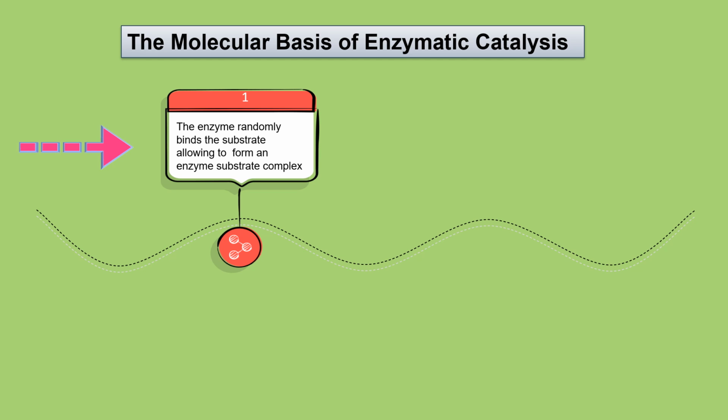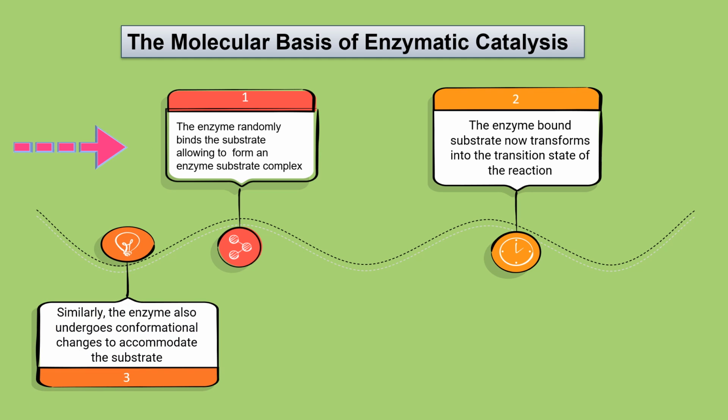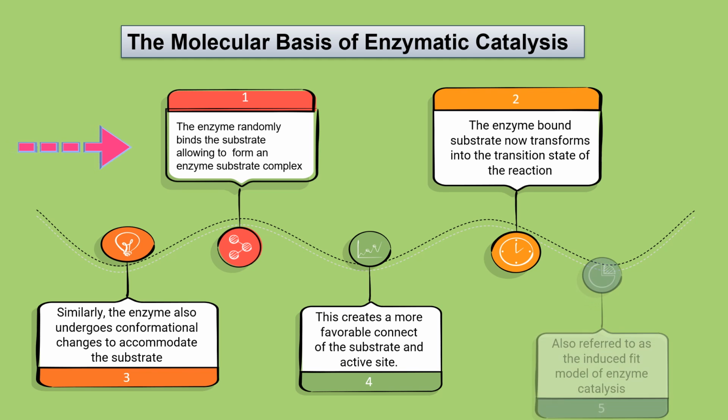Firstly, the enzyme randomly binds the substrate, allowing it to form an enzyme substrate complex. The enzyme-bound substrate now transforms into a transition state of the reaction. In the next step, the enzyme also undergoes conformational changes to accommodate the substrate, creating a more favorable contact of the substrate and the active site.